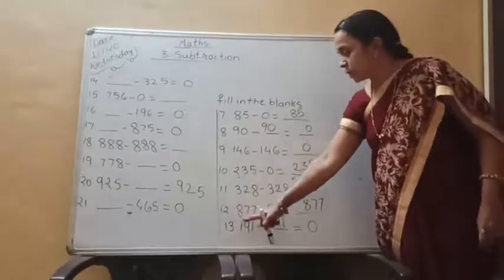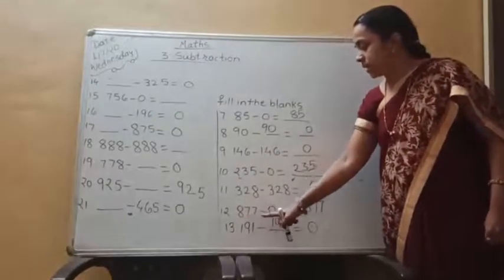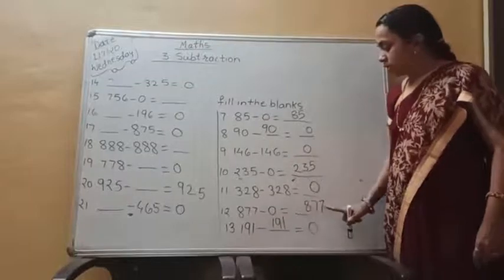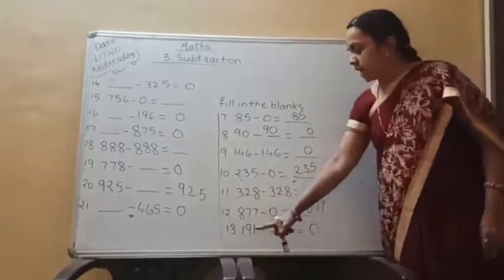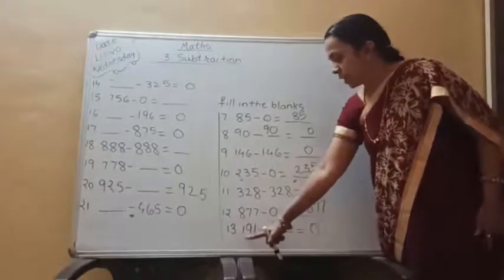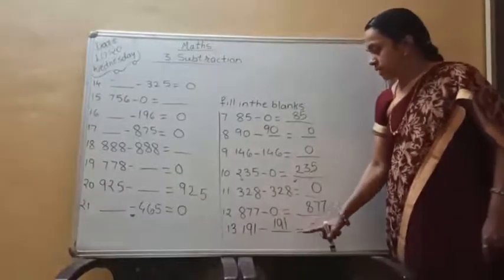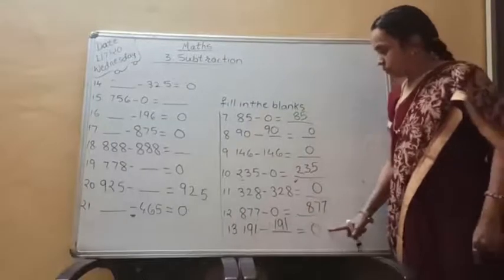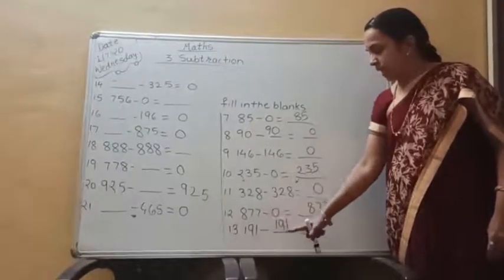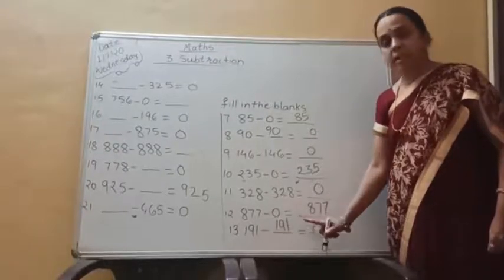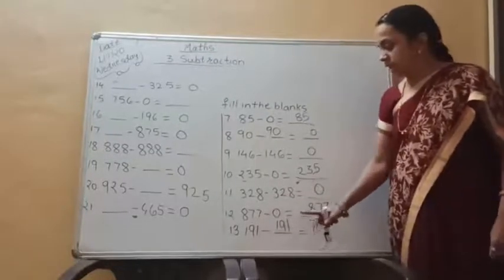Then 12th question. 877 minus 0 equal to 877. Same number we have to write. Now see 13th question. 191 minus which number equal to 0? 191. So we have to write here 191. Now see 14th question.